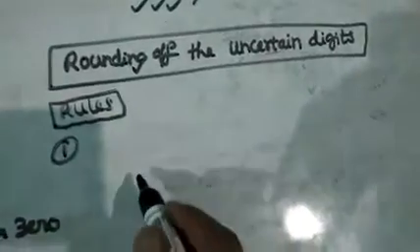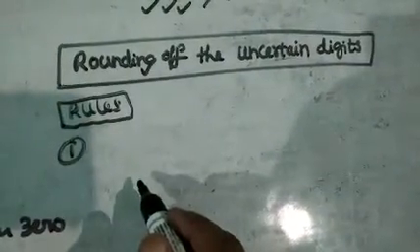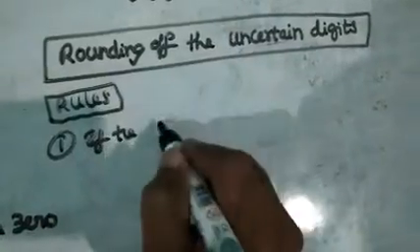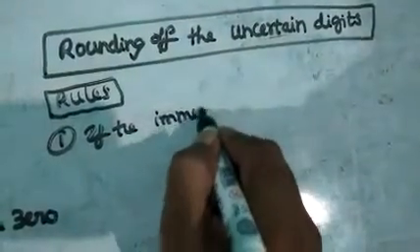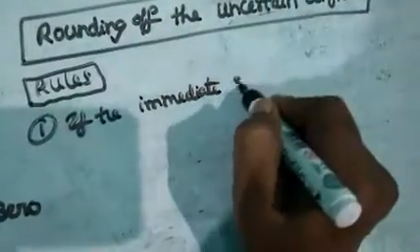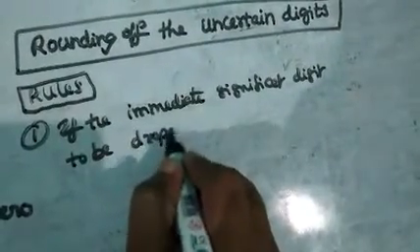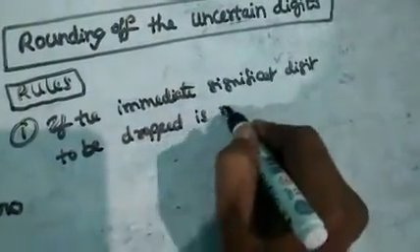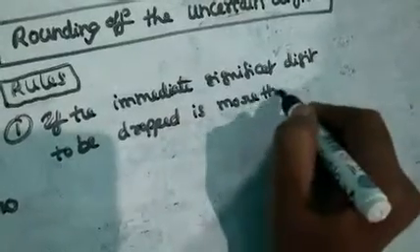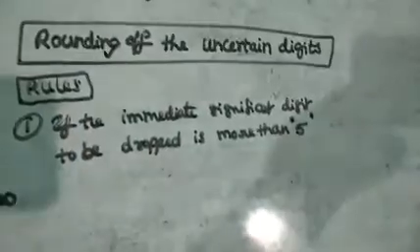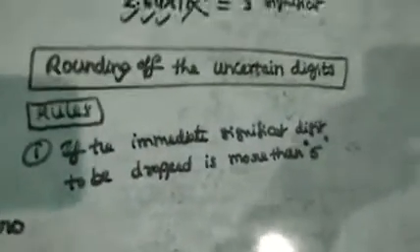First one, if the immediate significant digit to be dropped is more than 5. Try to understand. I will give you examples.